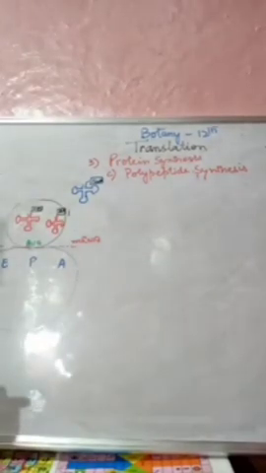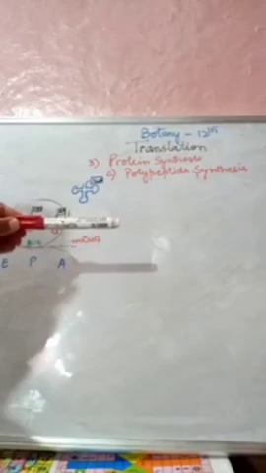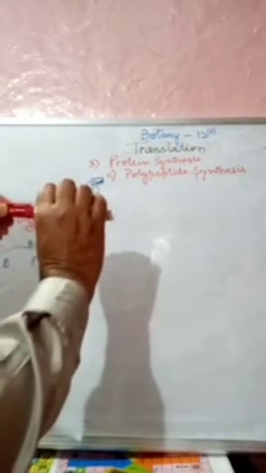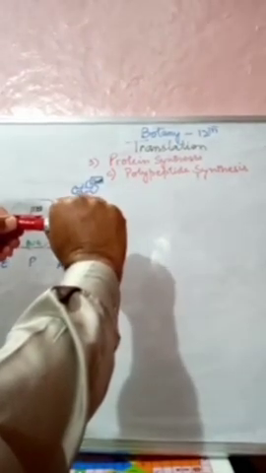If this is the mRNA, and this is the ribosome, my hand will slide like this.